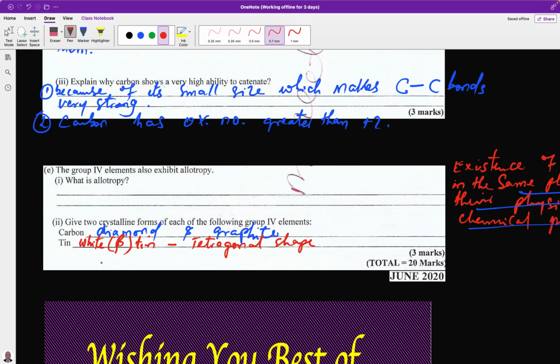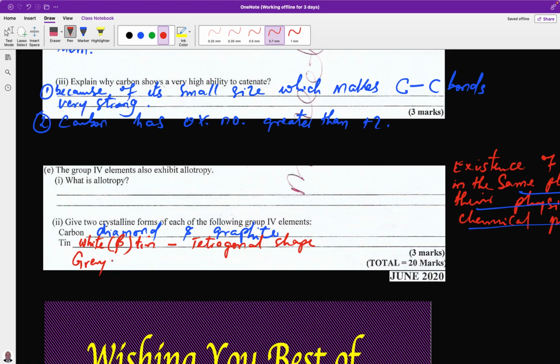We also have the alpha tin, which is gray. The other one is white tin, which we call either white tin or beta tin.